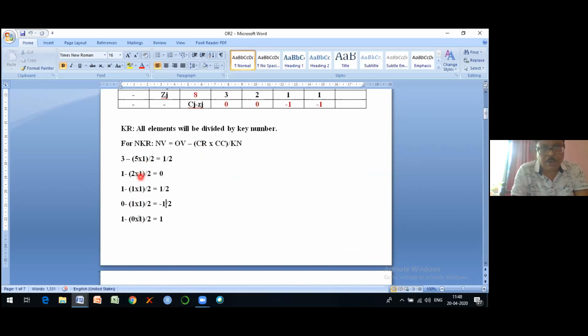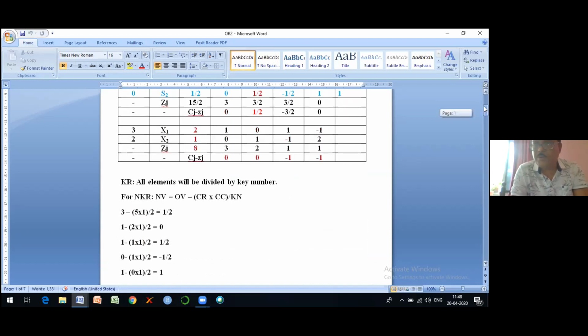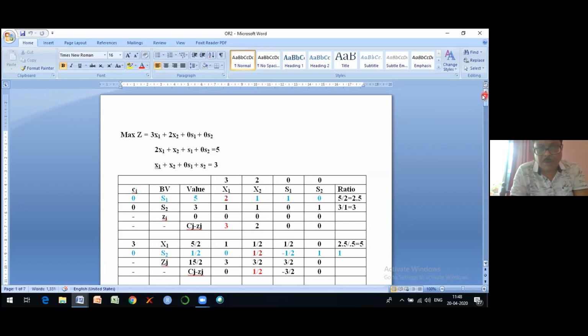Then into corresponding column. Just again we are going to the first table. Corresponding column means just you consider this key column. The corresponding column value is 2. For 2, corresponding column is 2. For 1, corresponding column is 2. For this 1, corresponding column is 2. For this 0, corresponding column will be also 2.